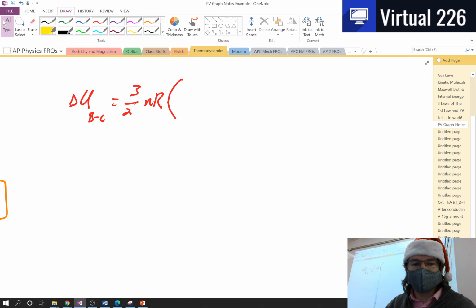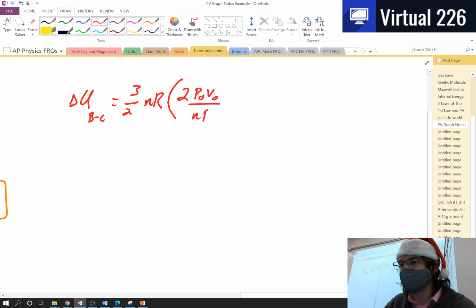But we're going to have, for our final here, going to C, that was 2 T naught, which we'll just write as P naught V naught over NR, minus the initial position, which was B, because it's always, remember, final minus initial. So that's our 4 T naught, which is just P naught V naught over NR.